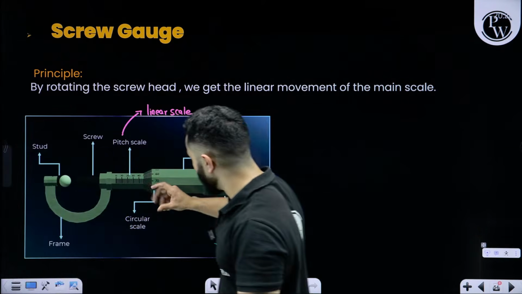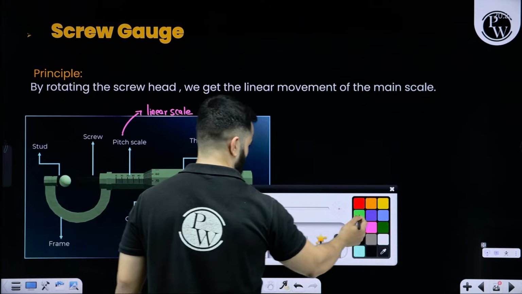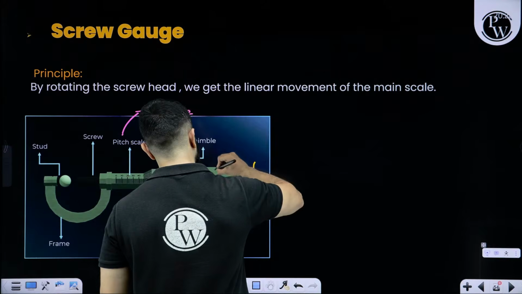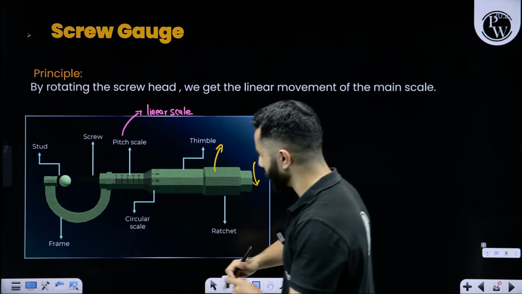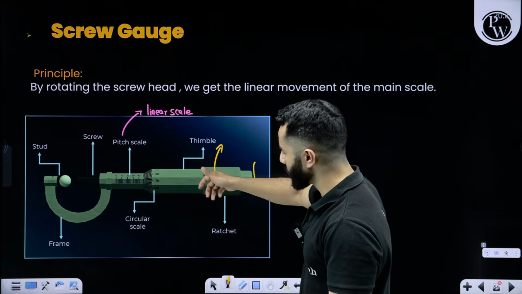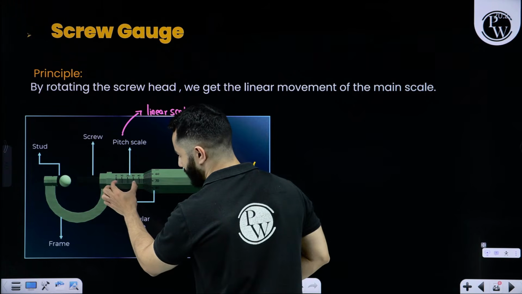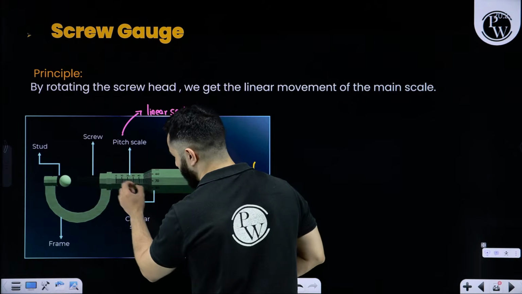When you move it anti-clockwise, it will open, and when you move it clockwise, it will get closed. It will get tightened up, and when you tighten it up, the gap will start to get smaller.